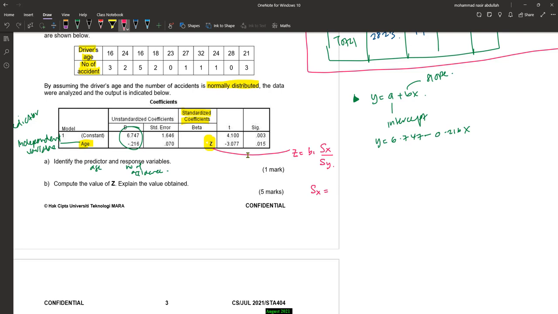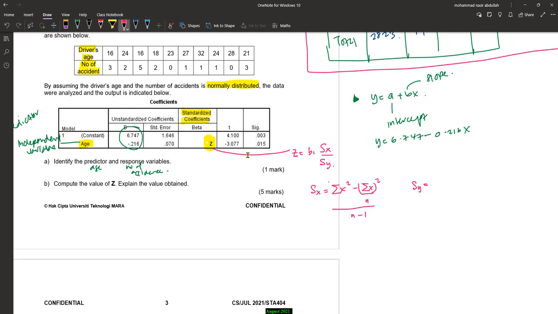Still remember chapter 1? The standard deviation is the square root of summation of x squared minus summation of x, all squared divided by n, everything divided by n minus 1. The same goes for sy.